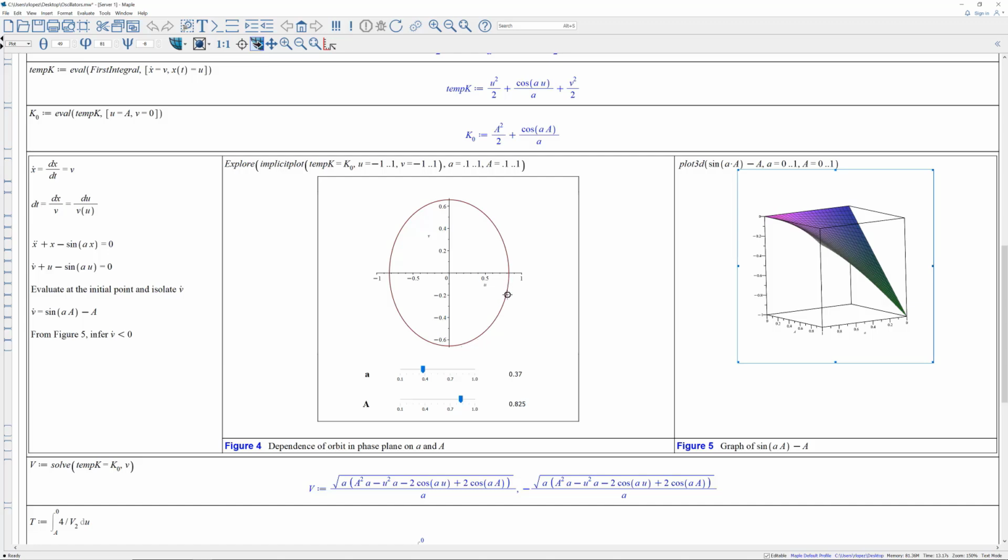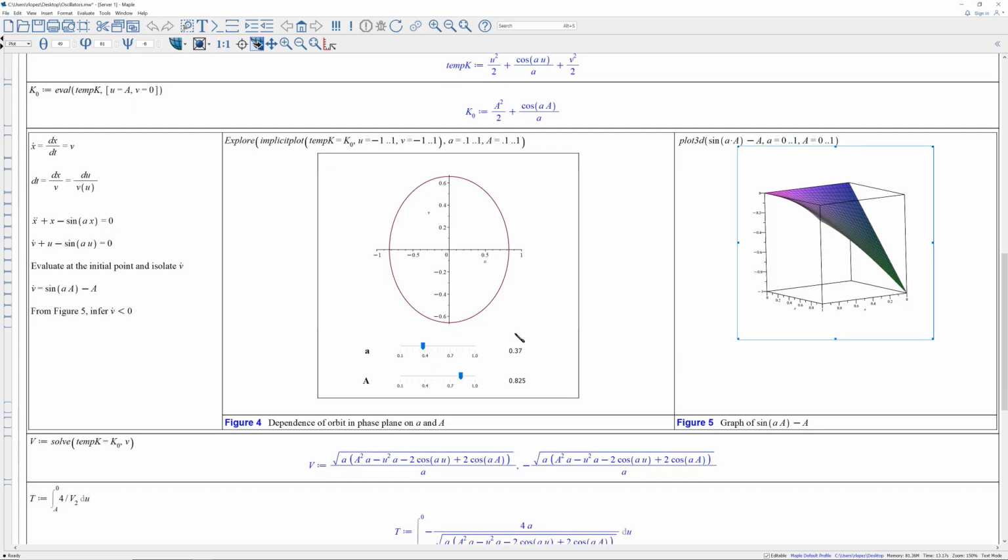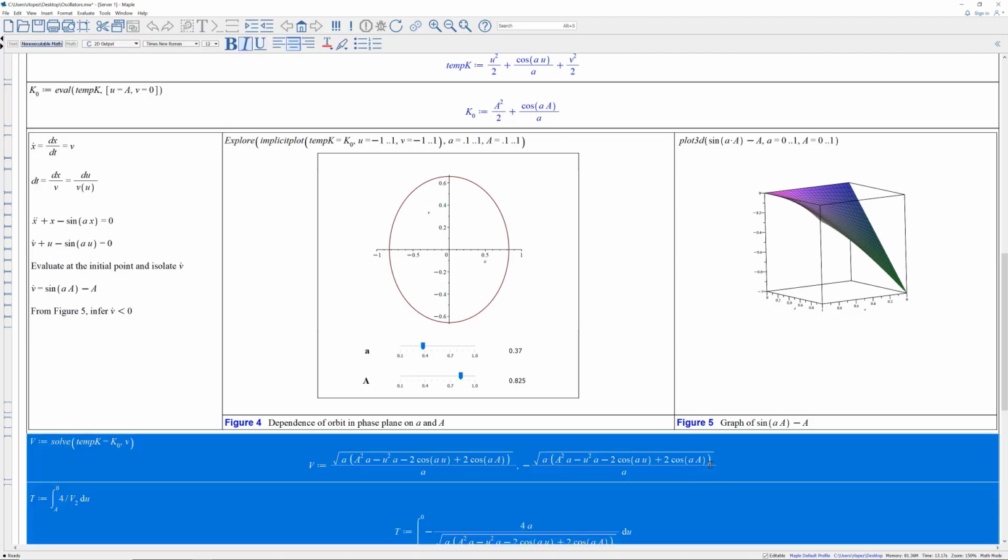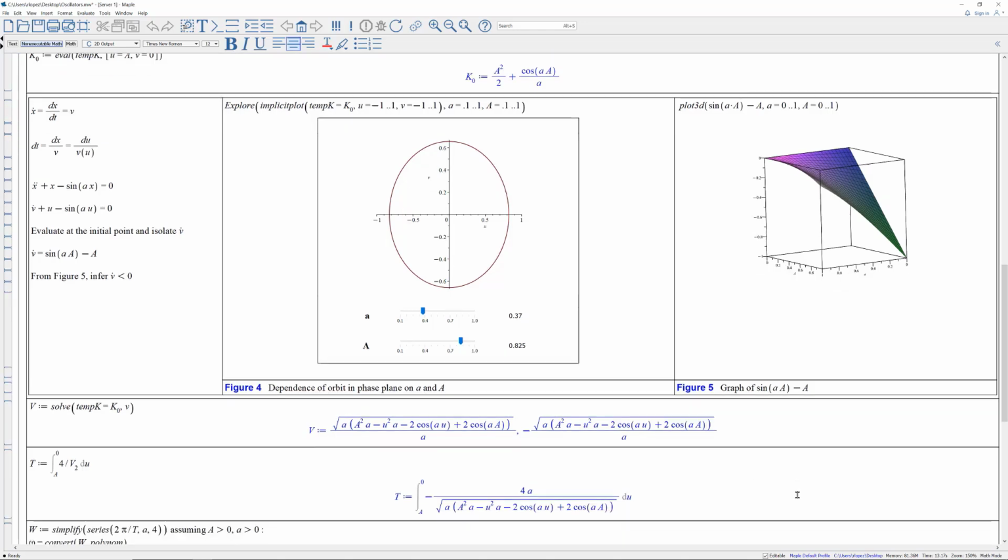That's what I wanted to establish. Because if I solve for v, I get two solutions, plus and minus. And this analysis tells me I want this solution, this branch of the v.